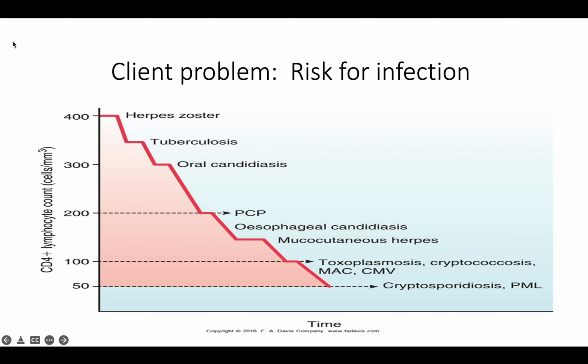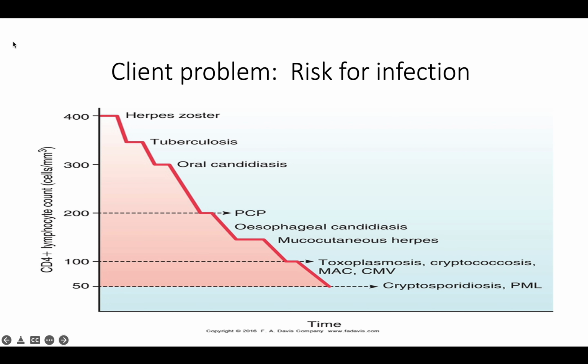If a person has an opportunistic infection, as we go down to the 200 and we see pneumocystis pneumonia or PCP, typically when we start to see multiple infections such as that, they are considered to have end-stage disease and considered to have AIDS.